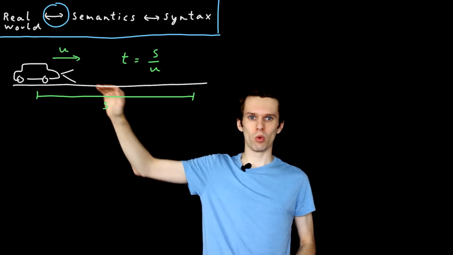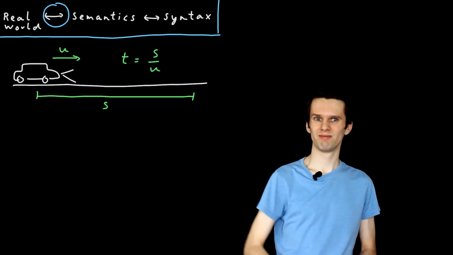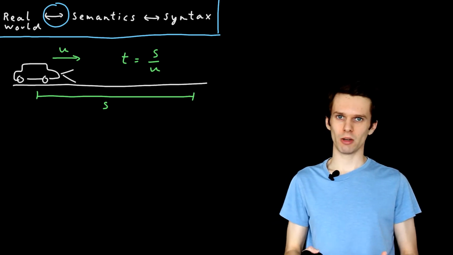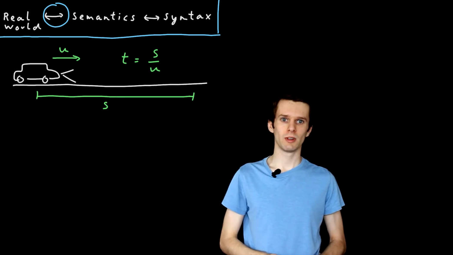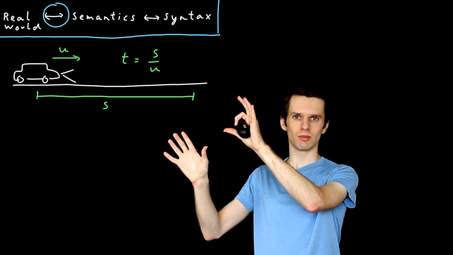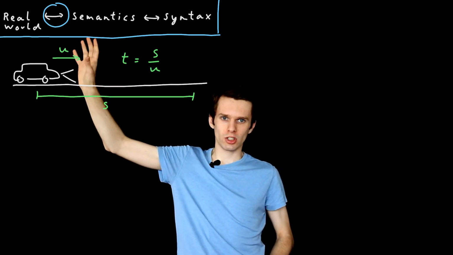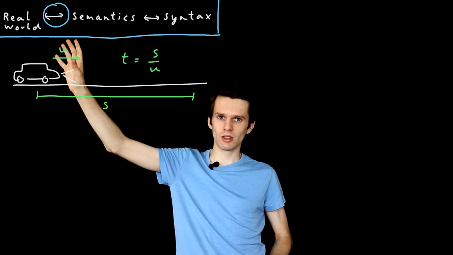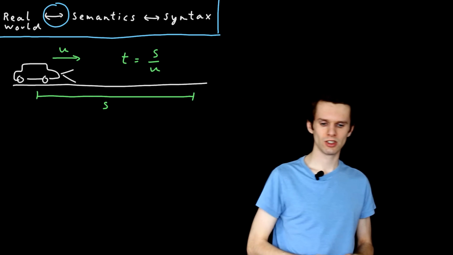We're not thinking about what happens when the road is bumpy. We're not thinking about traffic jams or stops for petrol or brakes on your journey. We're modelling the real world in a simplistic manner. And all of those things will affect the speed of the car, but if we've got a good idea of the average speed, then we can get a relatively good idea of the time it will take us.